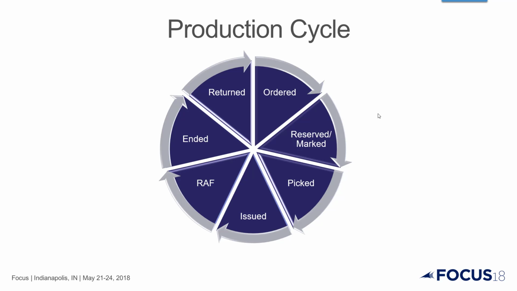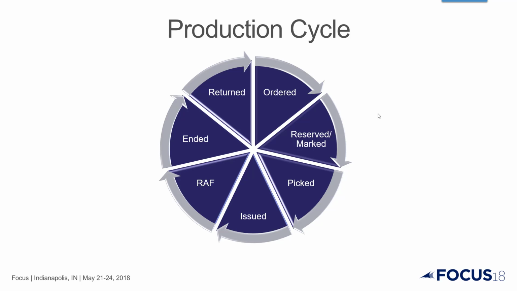Ordered is, again, just what you saw before. It's showing that this is on order. And that means you can have an ordered at the finished good or the part coming out of the production order, but you also have ordered on what is on the bill of materials that is needed to complete this process. So you have both in this.